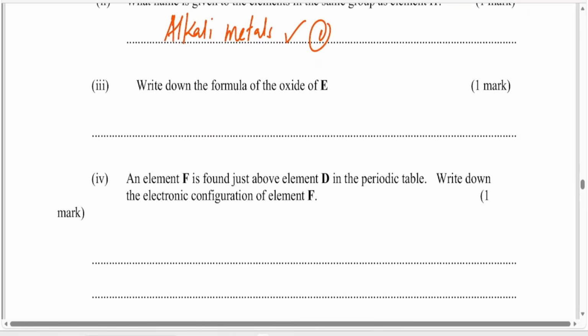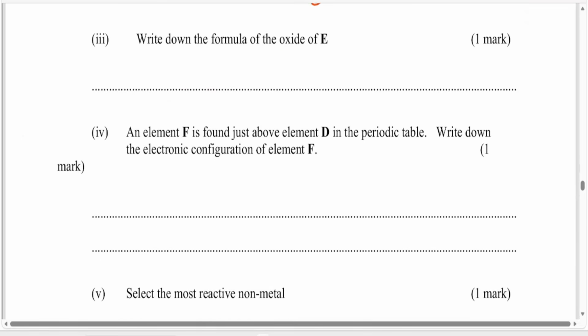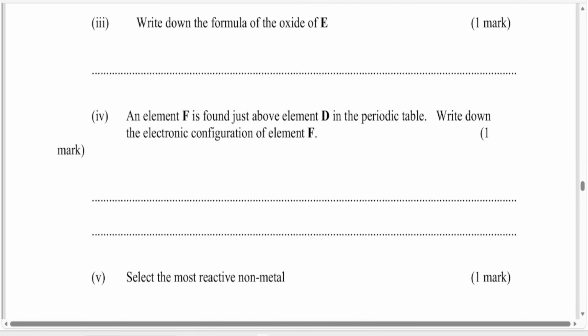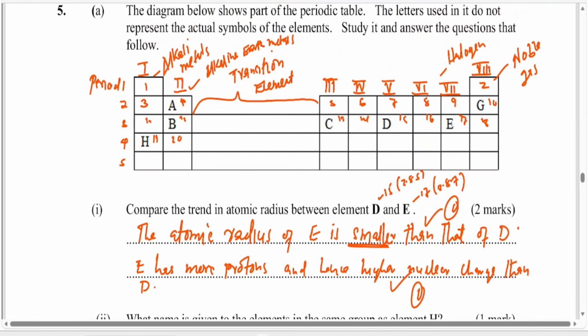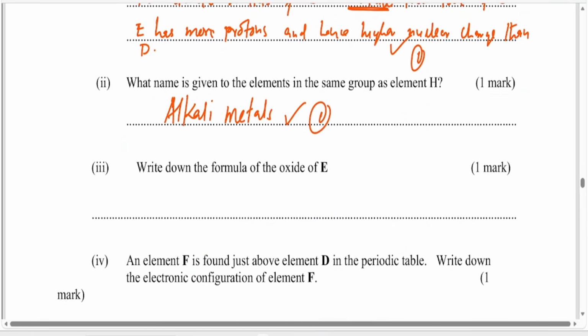Then we have Roman number 3. Write down the formula of the oxide of E. Oxide of E. Where is E? E is 287. Position number 17, 287.